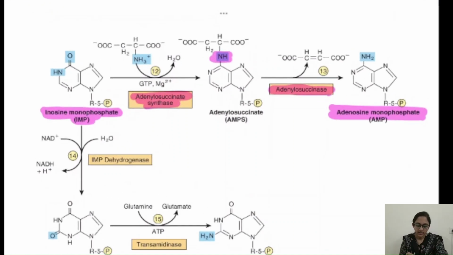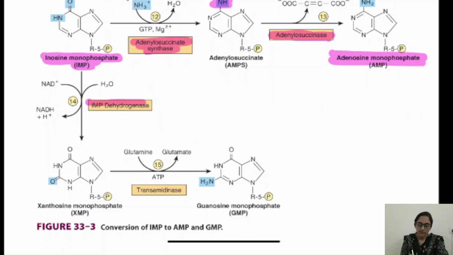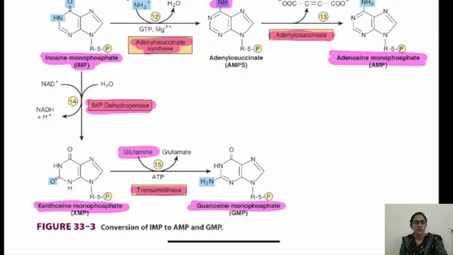The next way is IMP dehydrogenase. There is the enzyme IMP dehydrogenase that converts inosine monophosphate to xanthosine monophosphate. Then a transaminase, with the involvement of glutamine, forms guanosine monophosphate, which is GMP. So from IMP we get AMP and GMP, right?